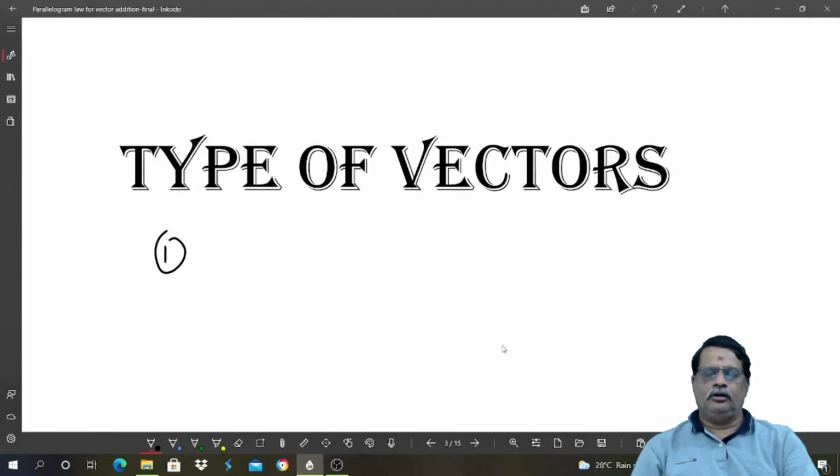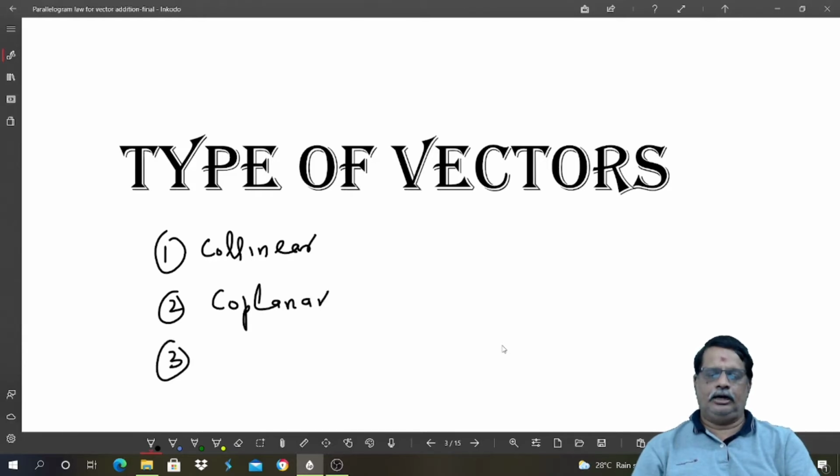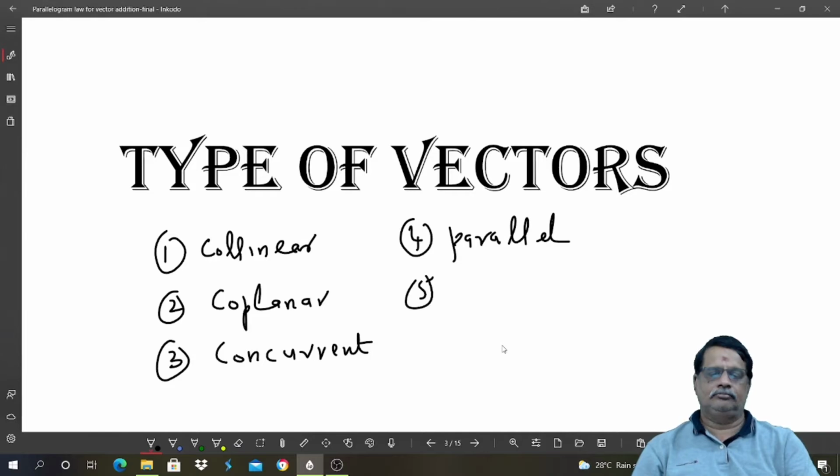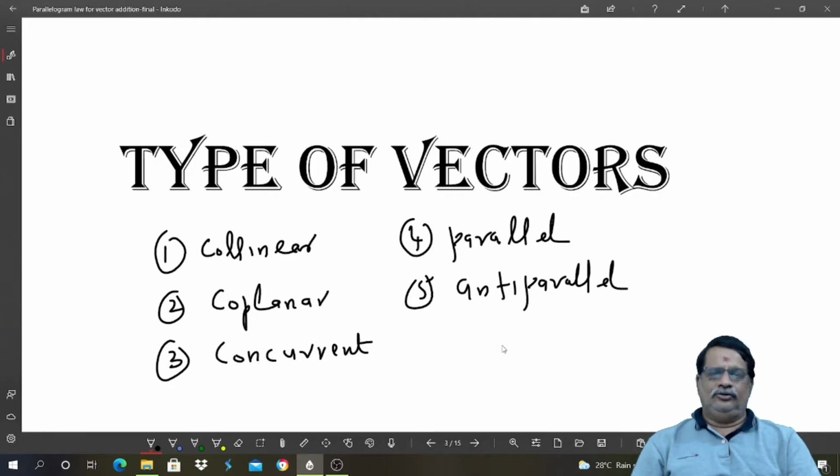They are collinear, then coplanar, then concurrent, then parallel vectors, parallel, and anti-parallel. So you know all these things.